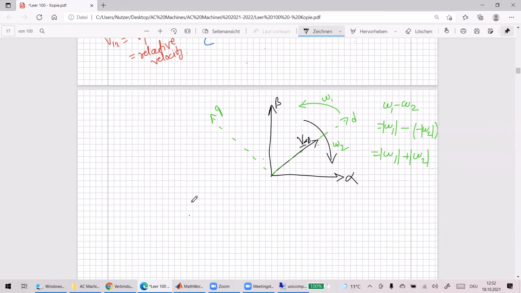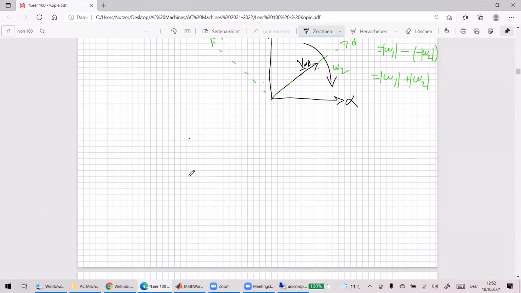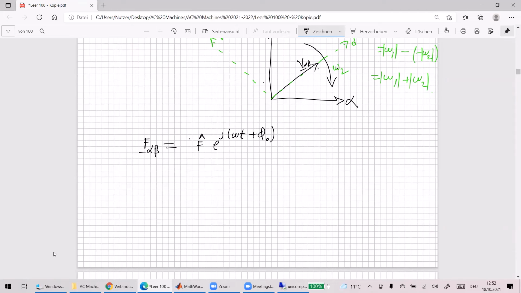Okay, cool. So let's find a general formula. It's going to be simple, I guess. So what we saw is the vector f alpha beta is equal to f cap e power j (omega t plus phi naught). We saw this earlier, right? Do you remember?